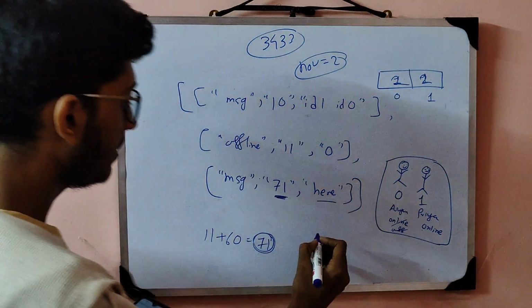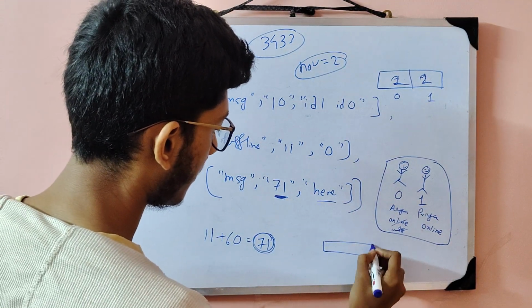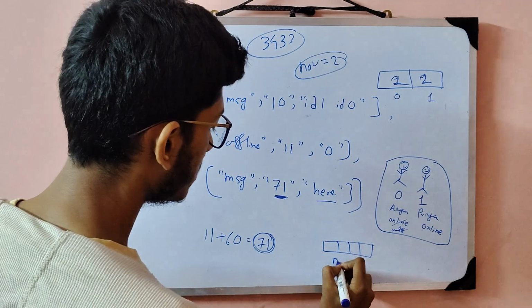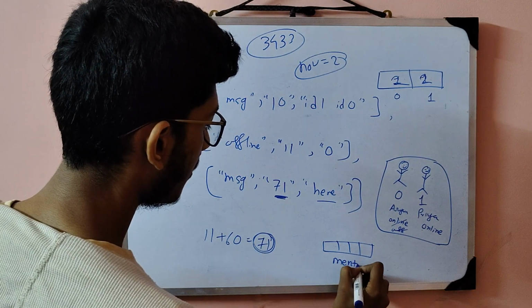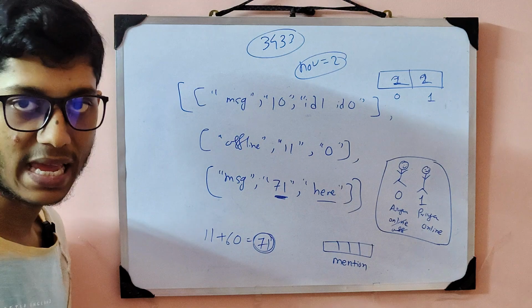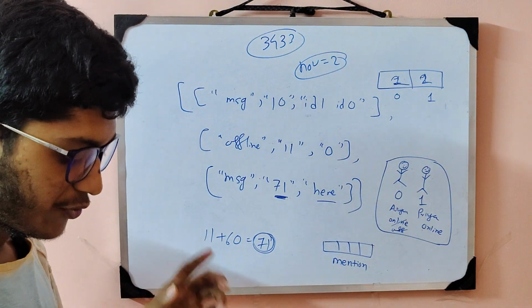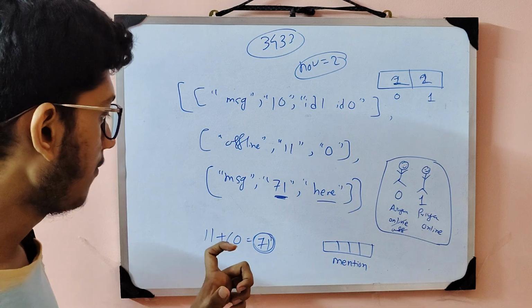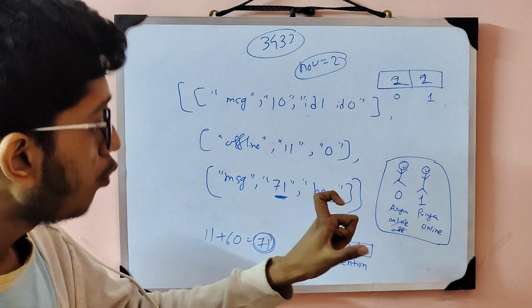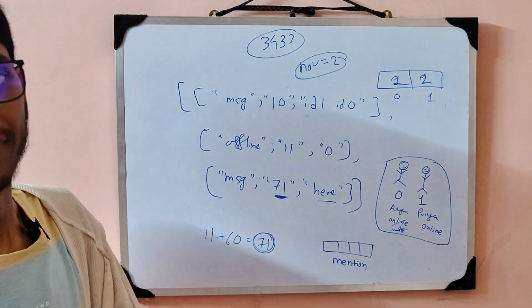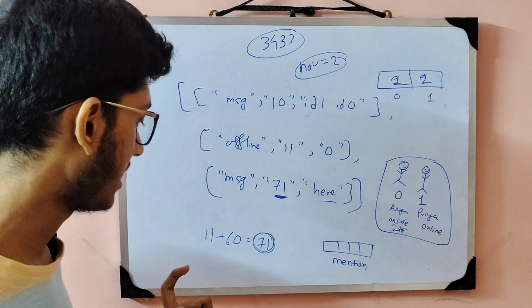So you will be using an array. Suppose I am naming this array as mention array. And another thing, you need to keep track of who is online and who is offline.